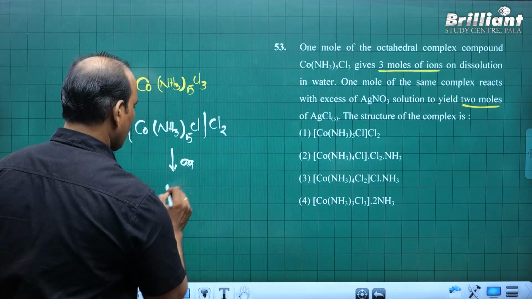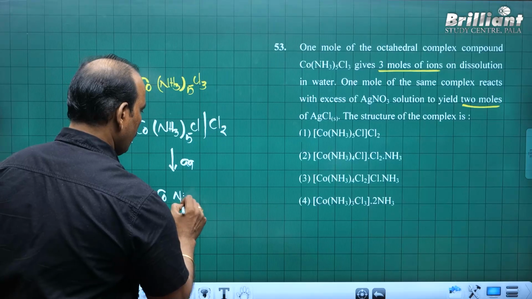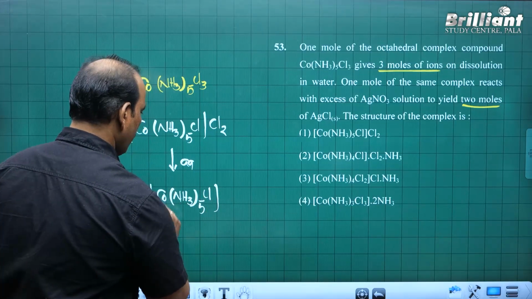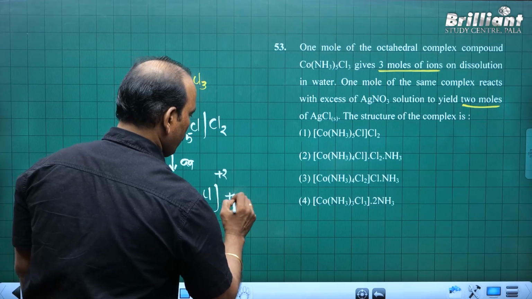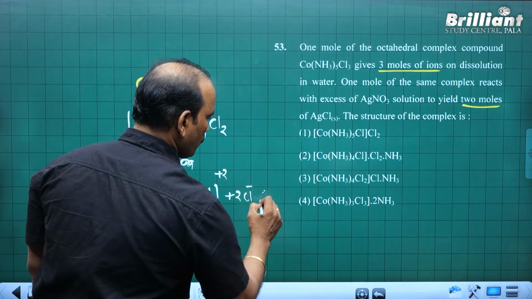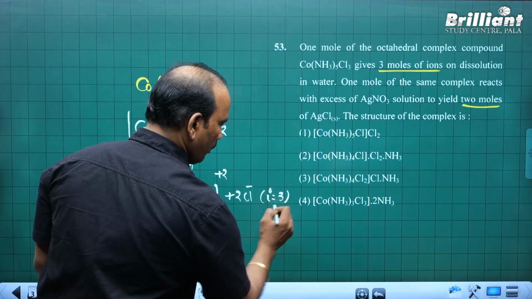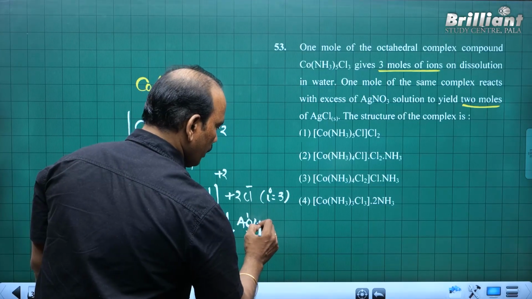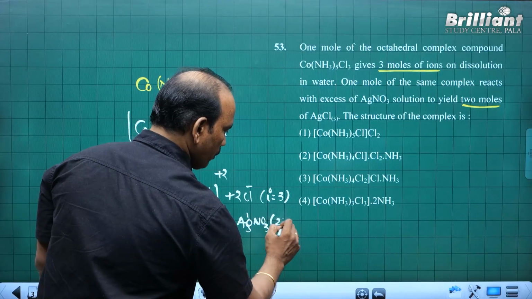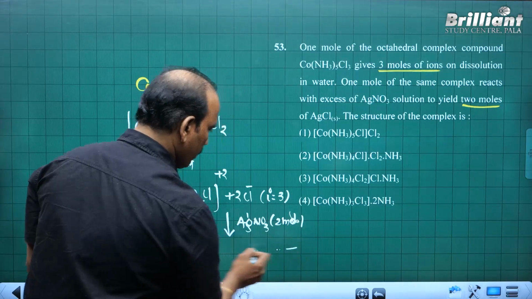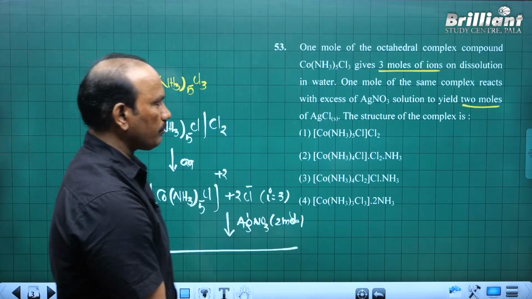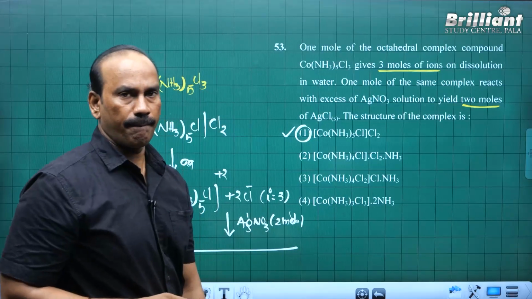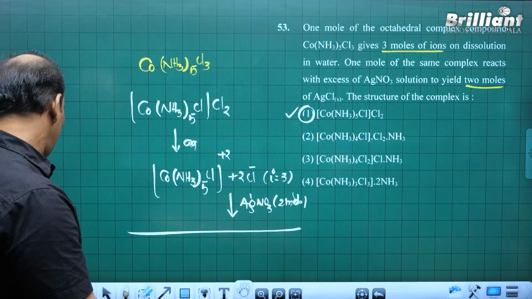In aqueous solution, Co(NH3)5Cl plus 2 Cl minus. So i equal to 3, reacts with AgNO3. How many moles required? 2 moles required. Okay? So the option is this one. Okay. Simple question. Next one.